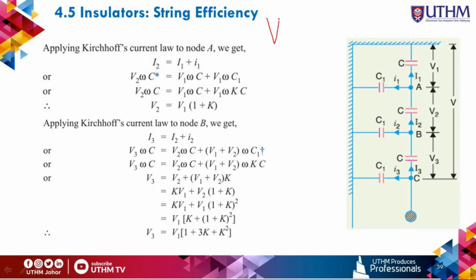As we know, V equals IR. R is the resistance, but in this case we don't have resistance. What we have here is the capacitive reactance, XC, so we replace R with XC, so V equals I XC.